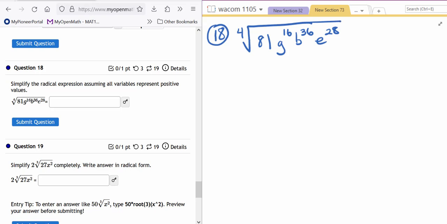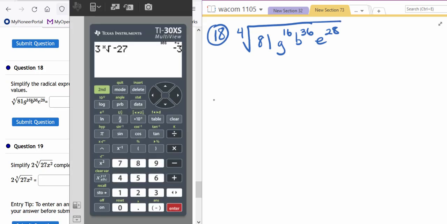Right, so on our calculator, we'll clear. And if we want to do a 4th root, you would do your 4 first, second, and your any root button, and 81, enter. And the answer is 3. So that one worked out even.